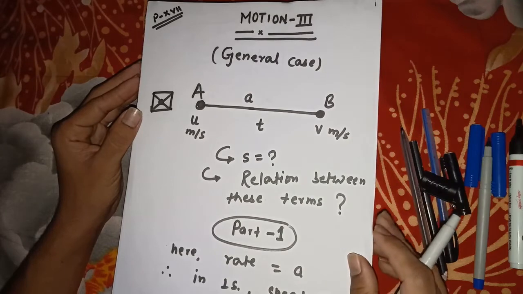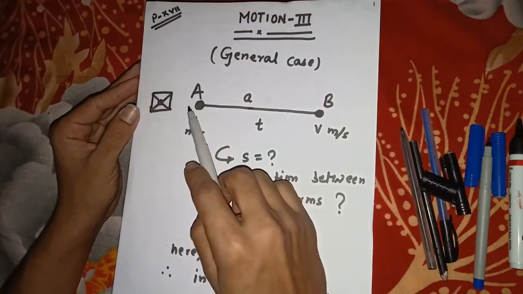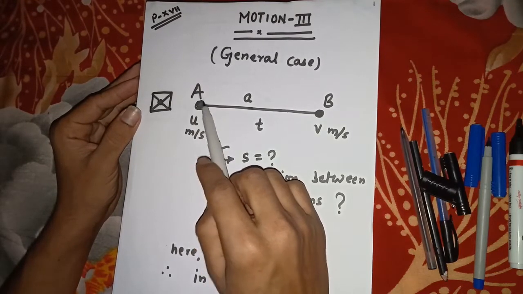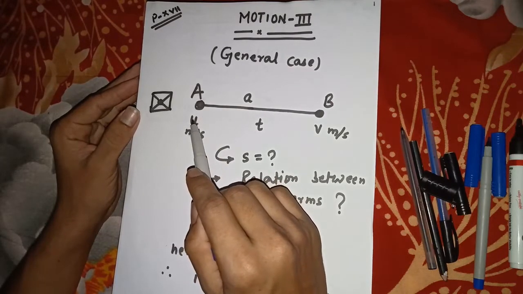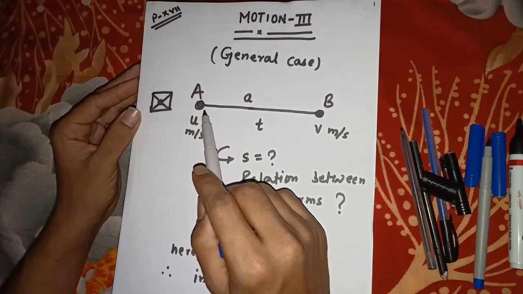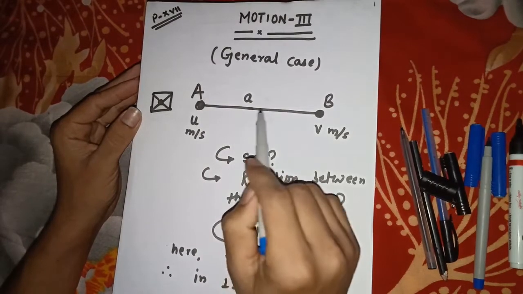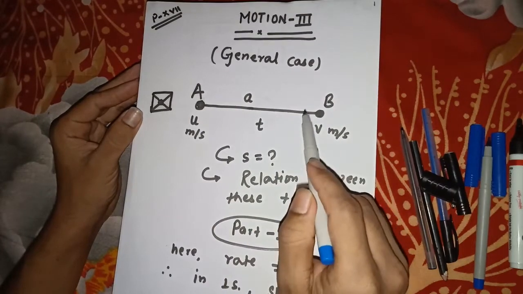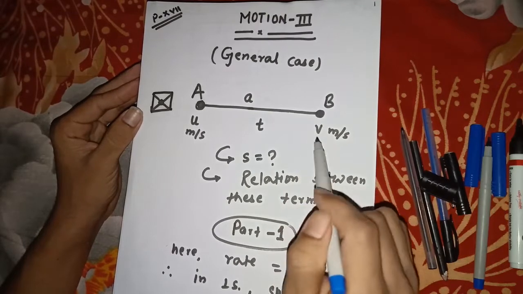So here I am giving you a situation that a body starts with a velocity u meter per second. Initial velocity is u, and it accelerates at the rate of a meter per second square for time t. Now let the final speed after time t be v meter per second.